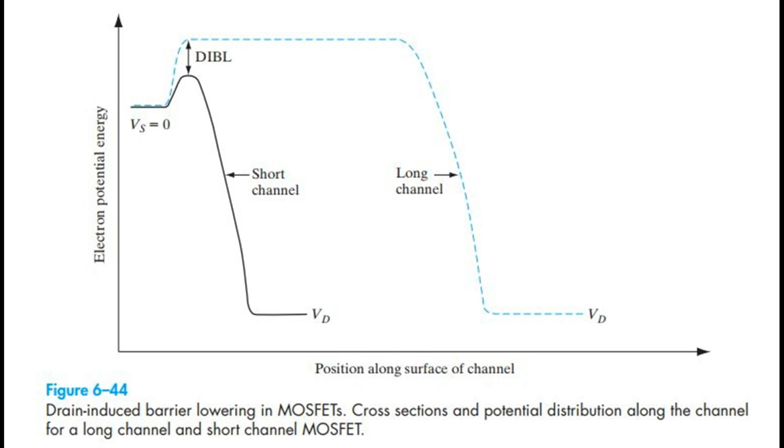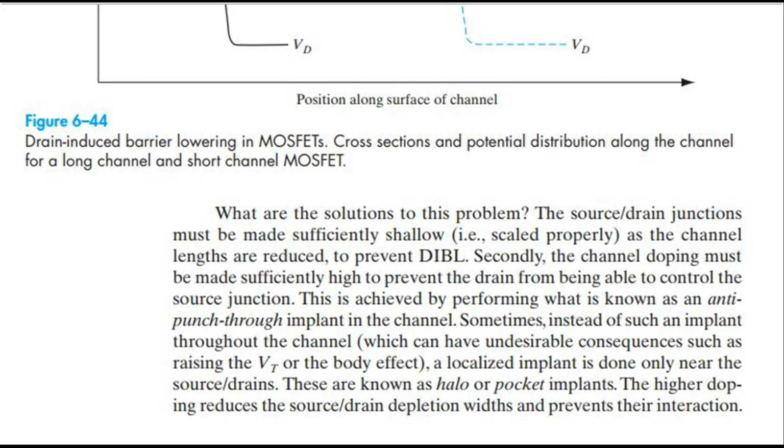What are the solutions to this problem? The source/drain junctions must be made sufficiently shallow, i.e., scaled properly, as the channel lengths are reduced, to prevent DIBL. Secondly, the channel doping must be made sufficiently high to prevent the drain from being able to control the source junction. This is achieved by performing what is known as an anti-punch-through implant in the channel.